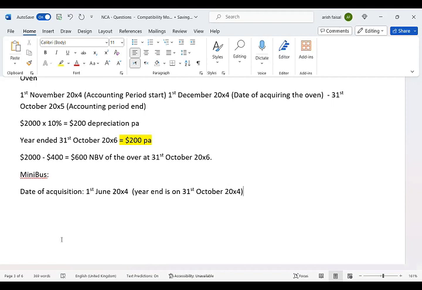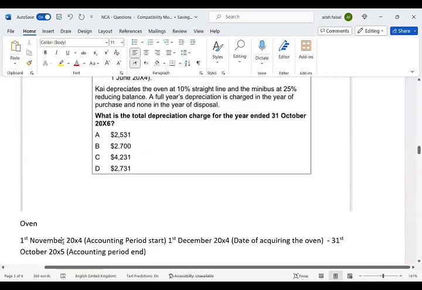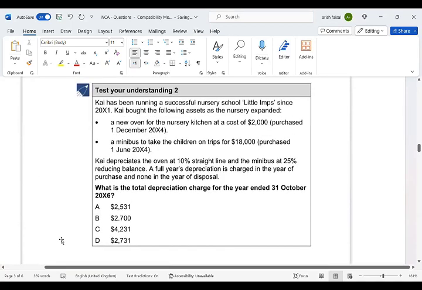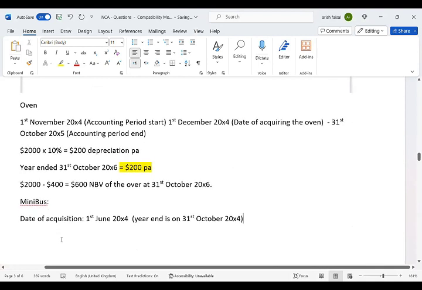Although I own the asset only for June, July, August, September, and October, only 5 months, I will still be charging a full year depreciation, because that's the policy of the company: they charge a full year depreciation in the year of purchase and none in the year of disposal. So this is the first year.